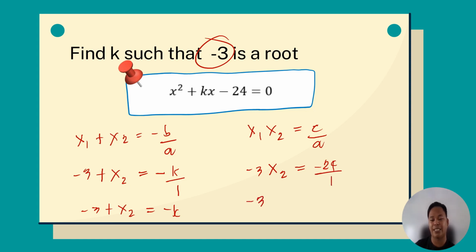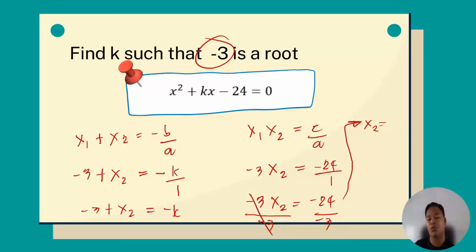Then we have negative 3 x sub 2 is equal to negative 24. To find the value of x sub 2, we divide both sides by negative 3. Therefore, x sub 2, since negative 3 divided by negative 3 is 1, is equal to positive 8, since negative 24 divided by negative 3 is positive 8.